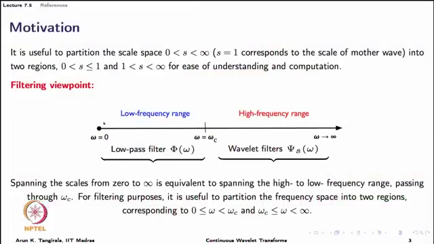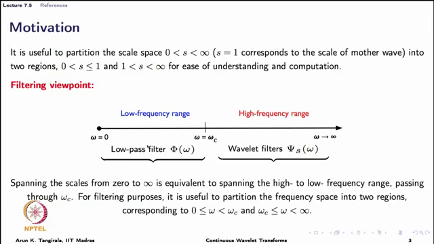So, what we are doing is we are subjecting the signal to two filters, or rather one low pass filter and a bank of band pass filters which are characterized by the wavelet filters. So, that is the basic idea. We are going to replace all this infinite set of band pass filters with a single low pass filter.